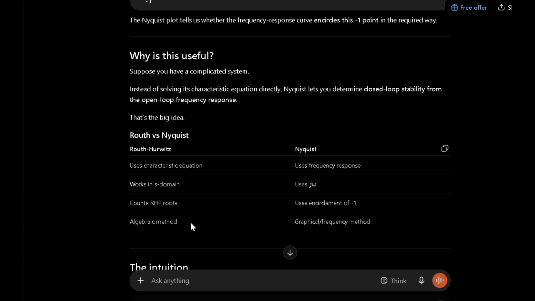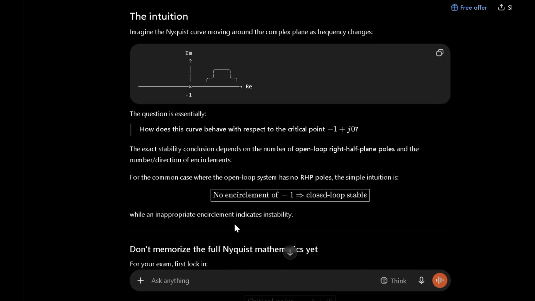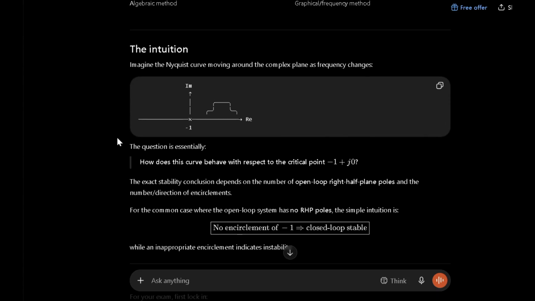So the question is essentially how the curve behaves with respect to the critical point -1 plus j0. The exact instability conclusion depends on the number of open loop right half plane poles and the number and direction of encirclements.